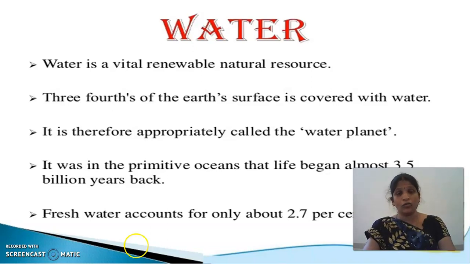That is also found as underground water. That 0.7% includes the water vapor present in the air. So imagine how low a level of water we have.